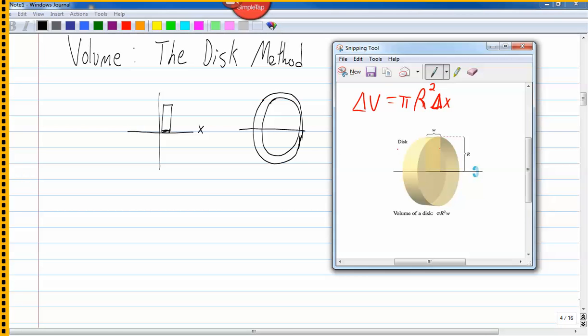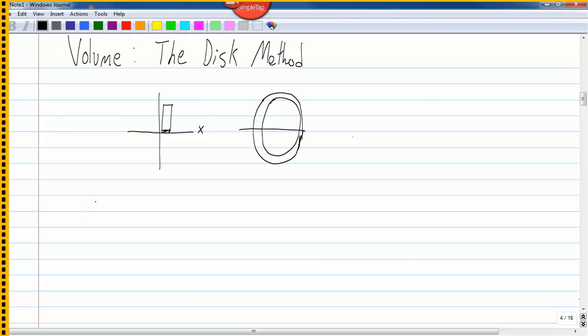Okay? The integral for the volume is going to be pi times the integral from a to b of that radius, capital R, which is the same as the height of one of those rectangles.